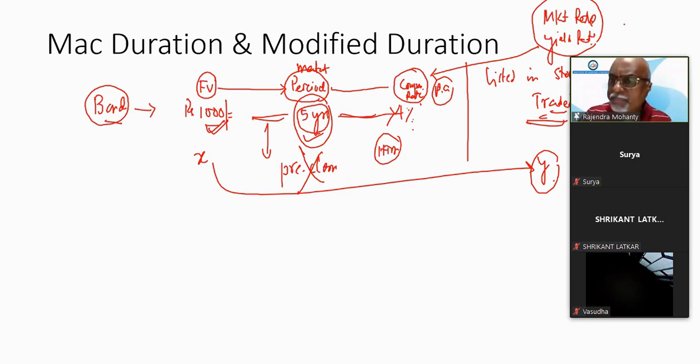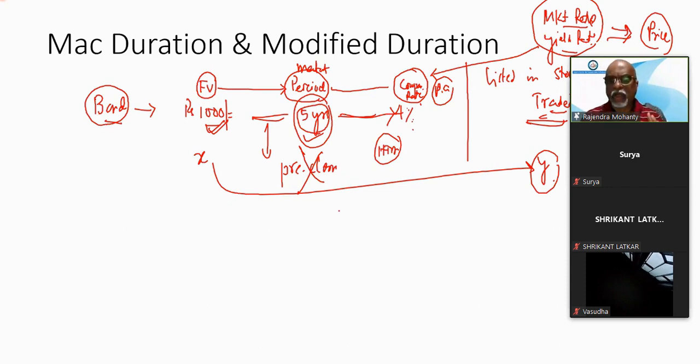On that yield rate, the price is decided. The price of the bond is linked to this. This is not the rate at which you will get the interest. Only the market rate, the yield rate, is the rate which decides at what price a person can sell or the other person is ready to buy.